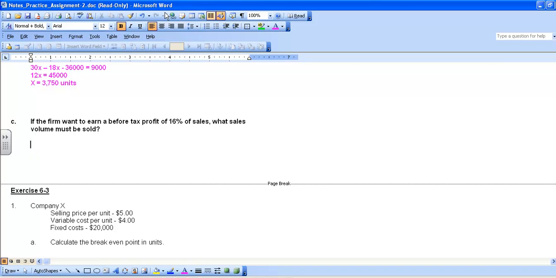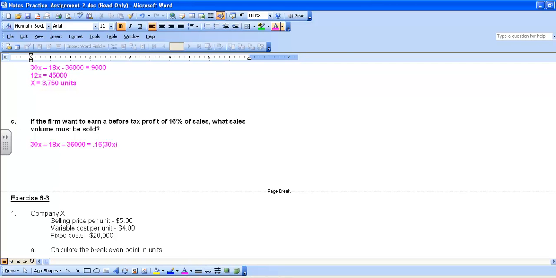So our sales number once again is 30x because that's how much we're going to sell it for, minus 18x minus 36,000 equals decimal 0.16 because that's the equivalent of 16% times our sales, which is 30x. Okay, so we have 12x minus 36,000 equals 4.8x.